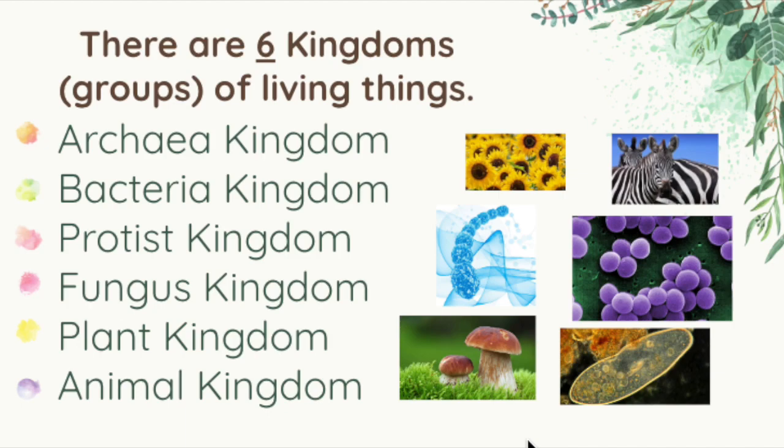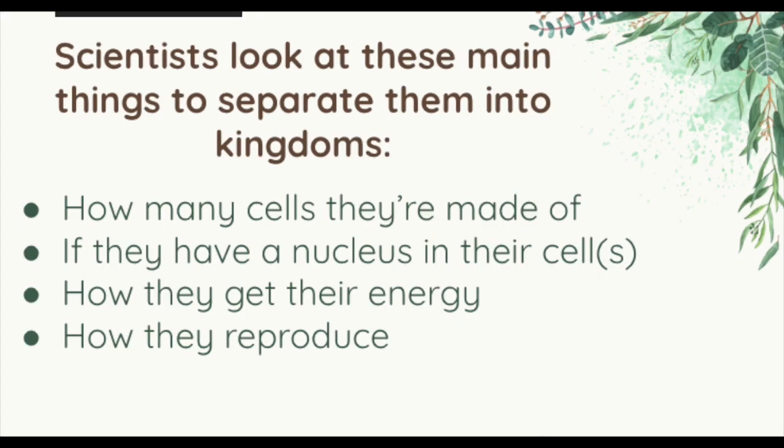And they use these 4 questions or 4 characteristics to decide which kingdom something belongs to. They ask themselves, how many cells is it made of, meaning is it unicellular or multicellular? Does it have a nucleus in its cell? How does it get its energy, and how does it reproduce? Those characteristics allow scientists to place certain organisms in certain kingdoms.